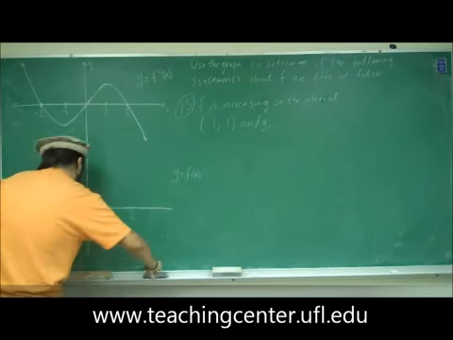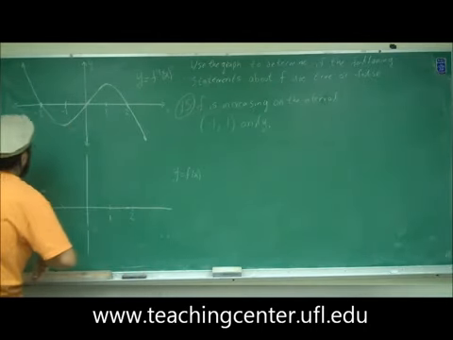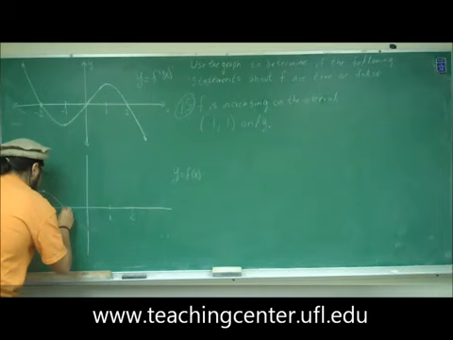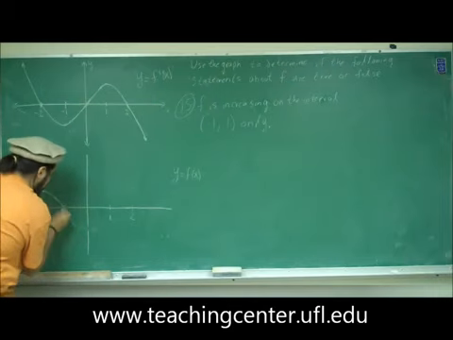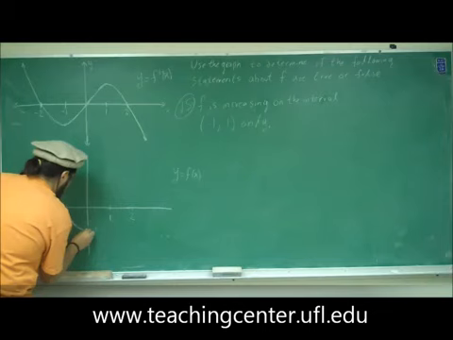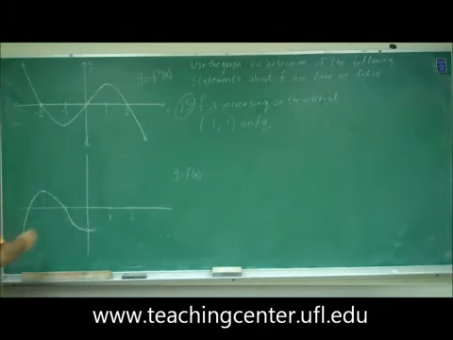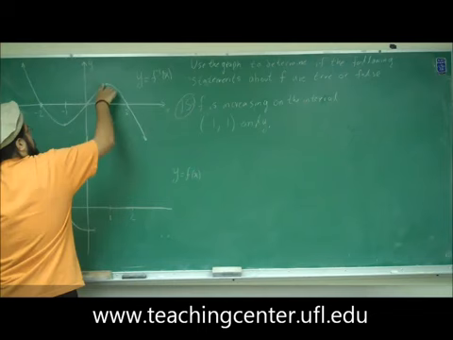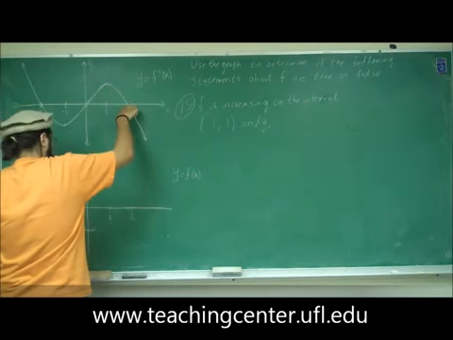So let's draw this a little bit better. There we go. So it's 0 there. Okay, and then this is positive, positive, positive, all the way to 2. So at 2, there's another slope of 0.